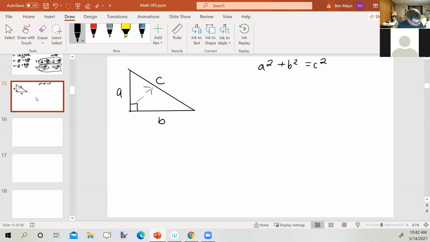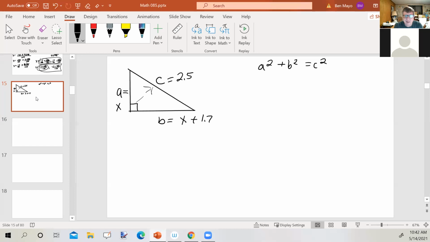Now, it says the hypotenuse of a right triangle is 2.5 units long. So 2.5. The longer leg, in this case b is the longer leg, is 1.7 units longer than the shorter leg. So what if we call the shorter leg x? Then the longer leg would be x plus 1.7, because it said the longer leg is 1.7 units longer than the shorter leg.